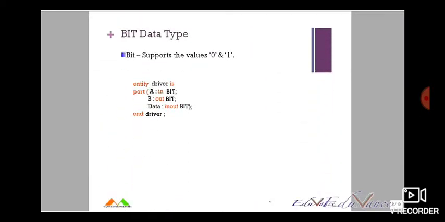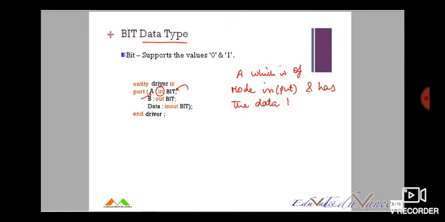So now, let's understand the data types. We saw in the previous lecture and in the current lecture that we have the mode or the port. This was the mode and this was the data type. So what I'm trying to say is, I have a port A which is of mode input and has the data type bit.